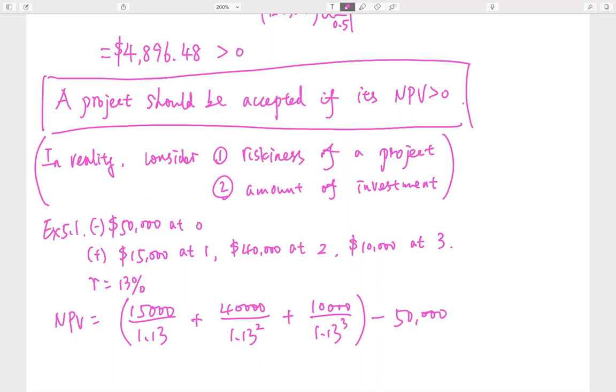It's just 50,000. Then you will get, it's about $1,530.70, right? Obviously, this is greater than zero. So according to our theory, since the project has a positive NPV, we should accept, we should invest in this project.